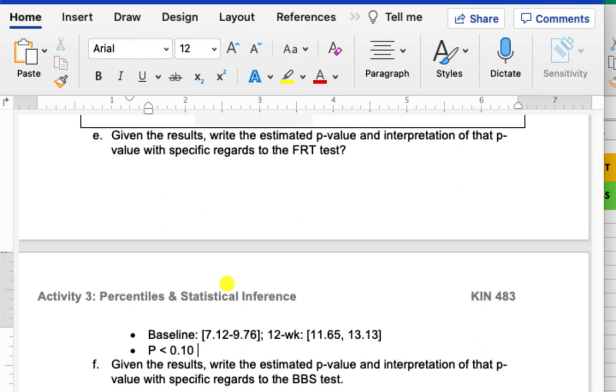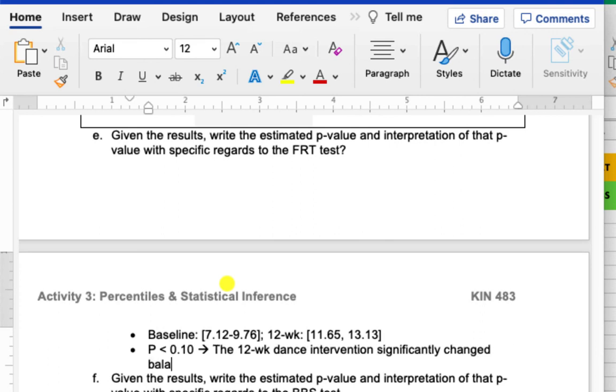And the interpretation of this p-value is telling us that, we'll write it a different way so that you guys have a different example. The 12-week dance intervention significantly changed.